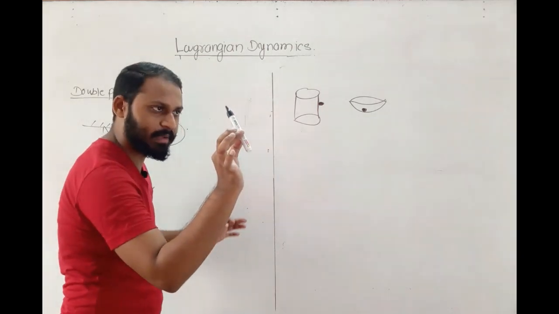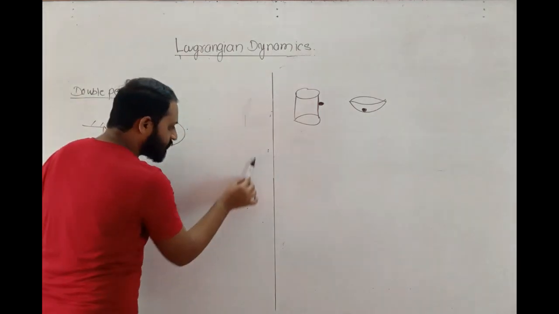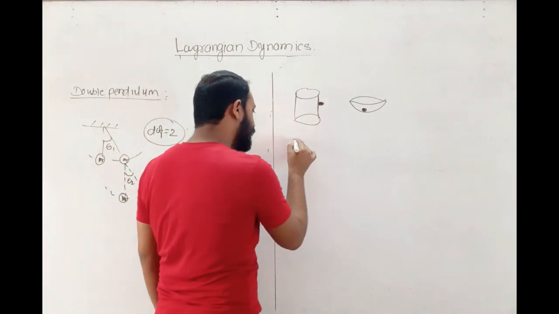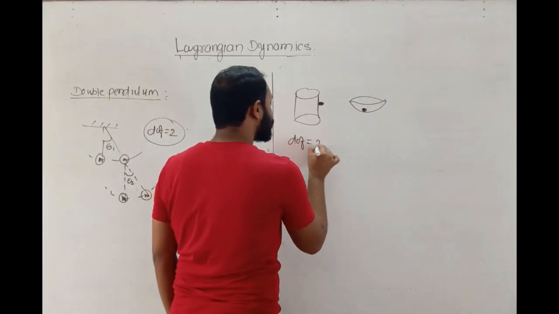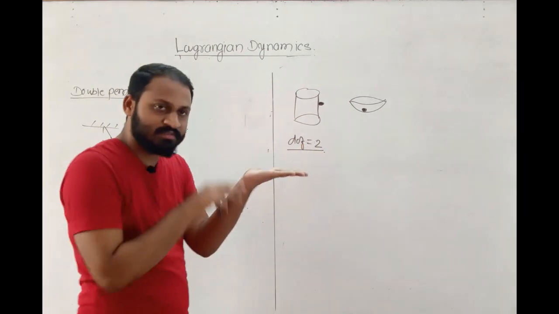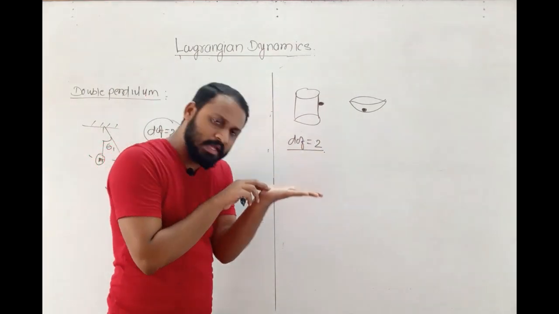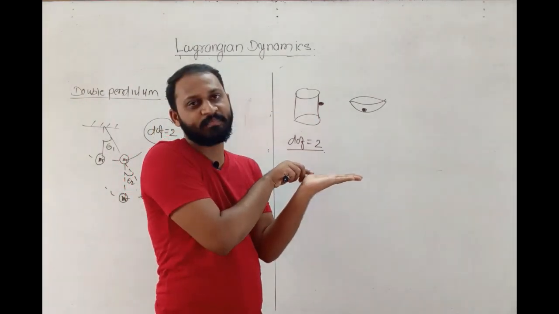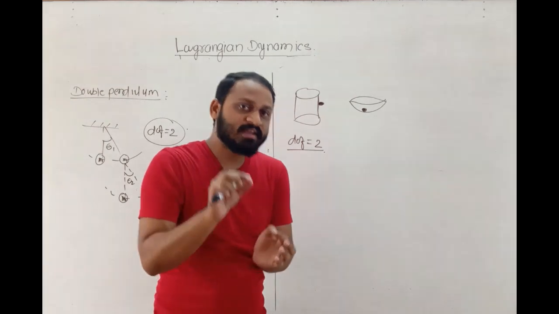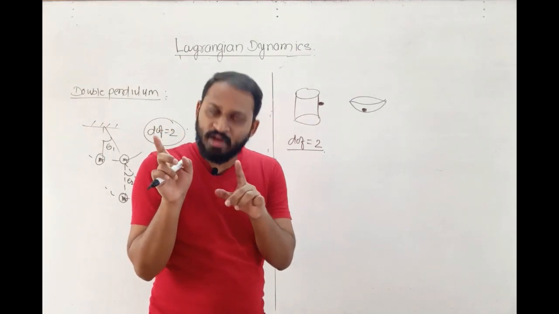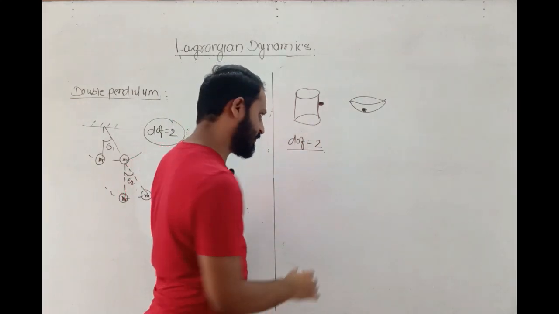If I consider this pen is moving on the surface of the whiteboard, then the degree of freedom is how many? 2. Because if we are considering a surface, that requires only two variables, x and y.